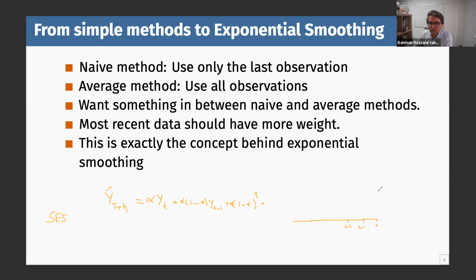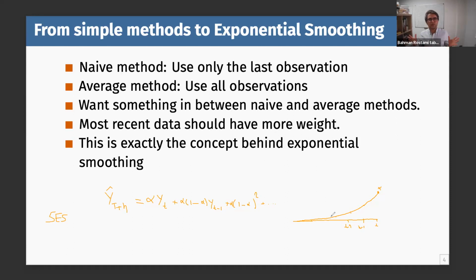So we always have the highest weight for period t, which is what you see here as alpha. The weight for the next one is alpha times (1 minus alpha), and so on. As you can see, if you link them together, from period t to period 1, the weight is decreasing exponentially. So the name basically comes from this concept.